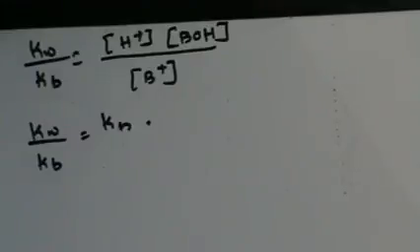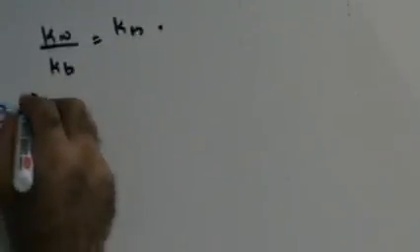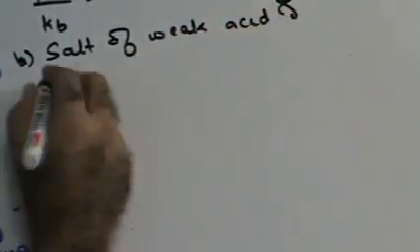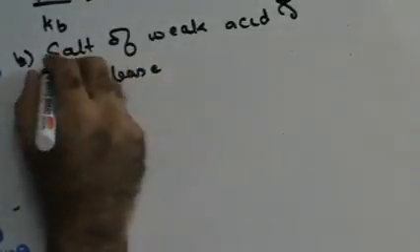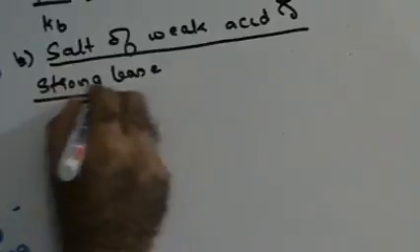Now this is for a salt of strong acid and weak base. Now let us consider for a salt of weak acid and strong base. Exact replica of the previous theorem.